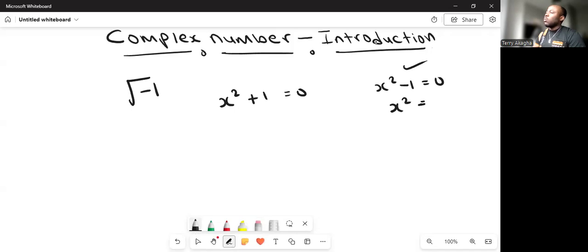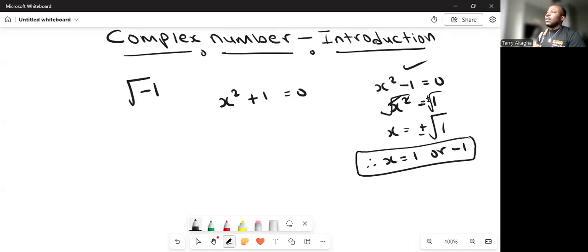We have x squared is equal to 1. Then we take the square root of both sides, plus or minus. This will cancel that, and x will be equal to plus or minus square root of 1. Therefore, x will be equal to 1 or minus 1.